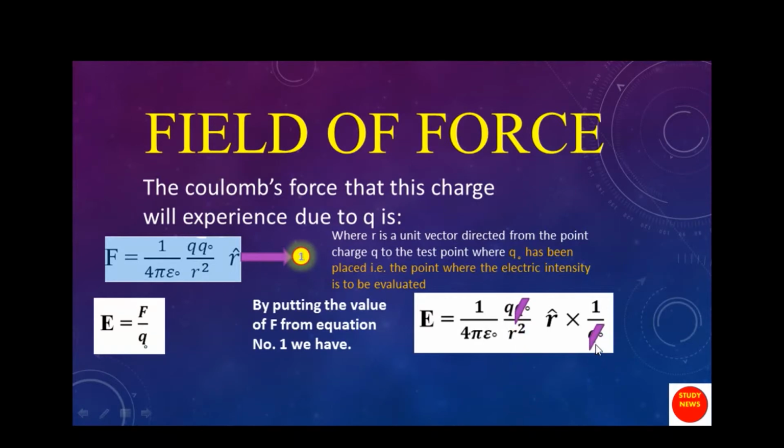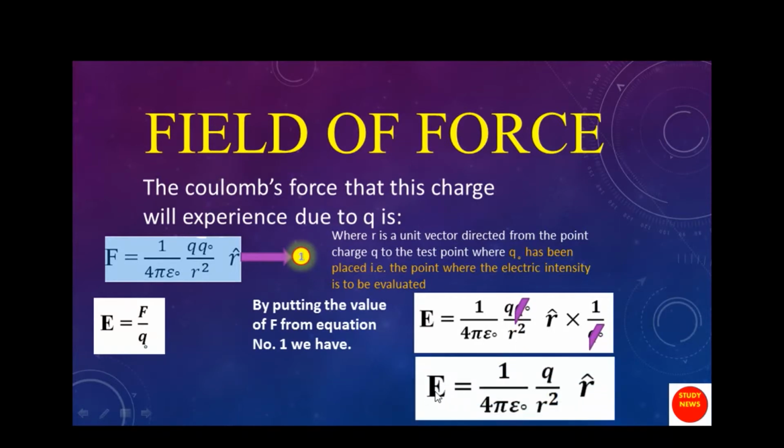After cancelling Q naught with Q naught, we have E is equal to 1 over 4 pi epsilon naught, Q by r square, into r unit vector. Here the units of the electric field intensity E are Newton per coulomb.